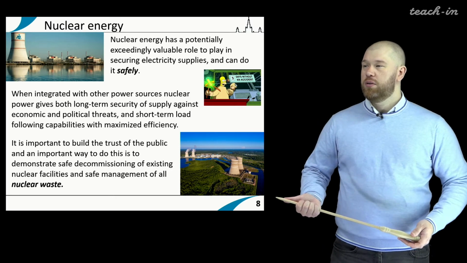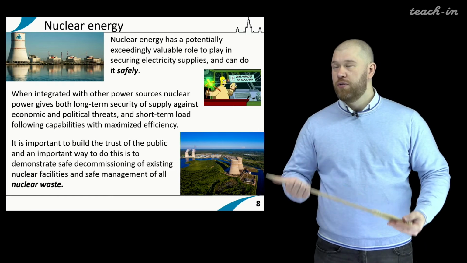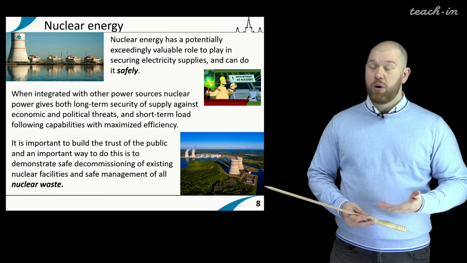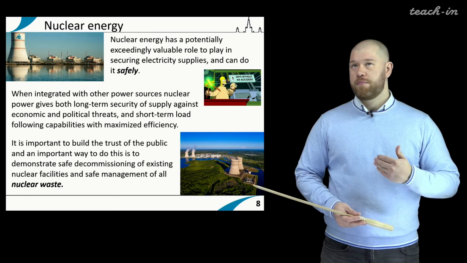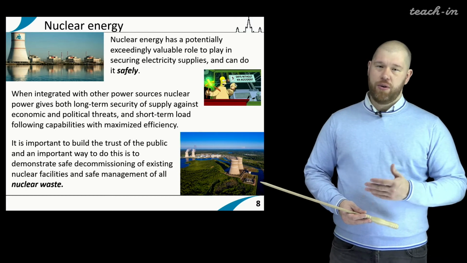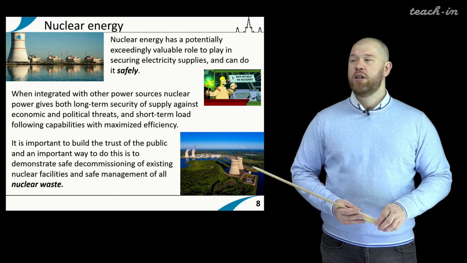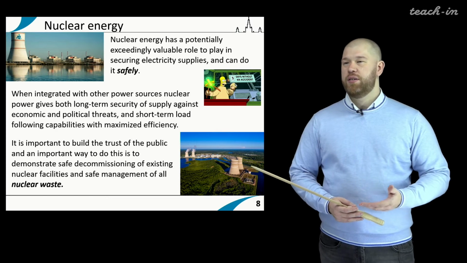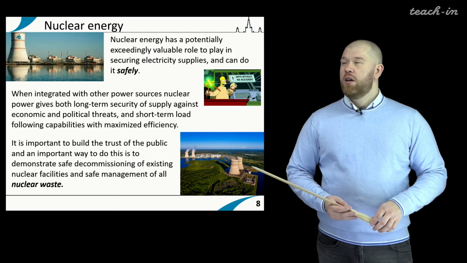Also, nuclear sources can provide long-term power production, and the lifetime of nuclear power plants is 30-50 years, and in some cases even longer. Thus, for a pretty long time we can provide economically stable production of electricity.